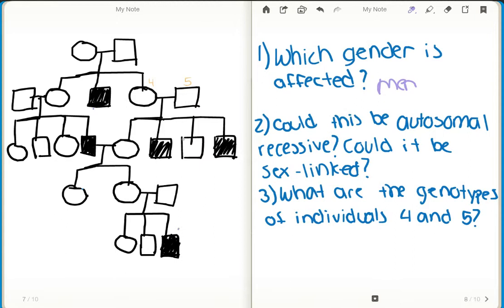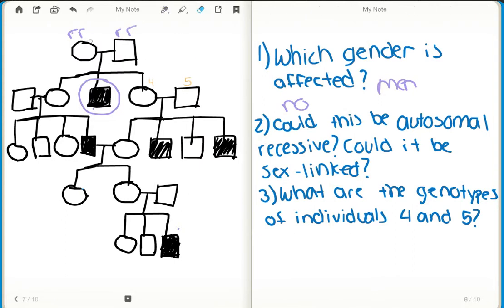Let's think about that for a minute. If it was autosomal recessive, these individuals would be homozygous recessive, but they could not give birth to this child. So the answer to this question is no. Okay, let's erase that.